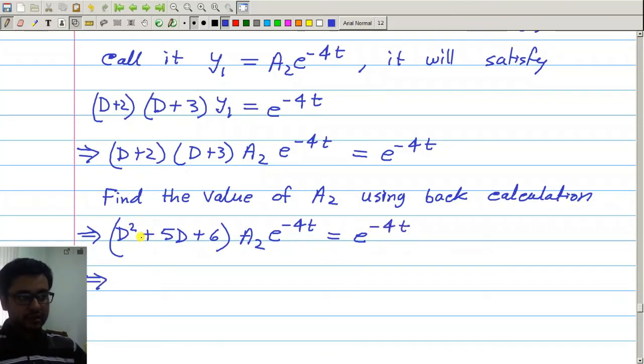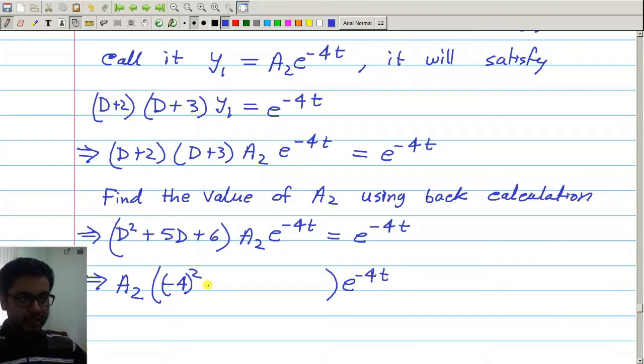Now if you perform this operation on this e to the power minus 4t, you shall get this. A2 is a constant, then second derivative of e to the power minus 4t will be minus 4 square multiplied by e to the power minus 4t.